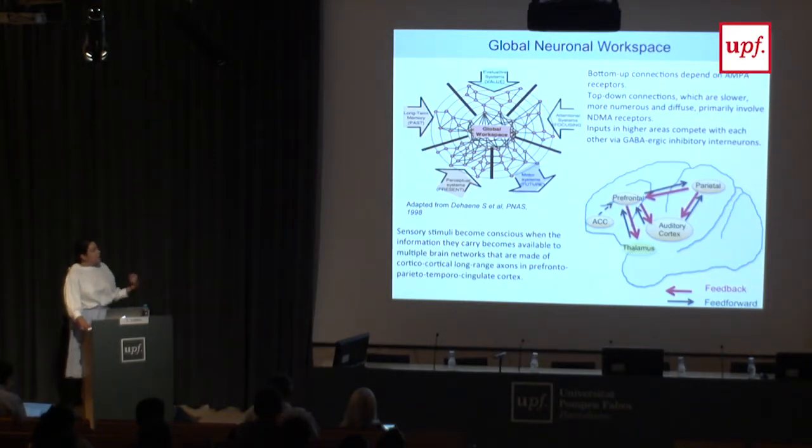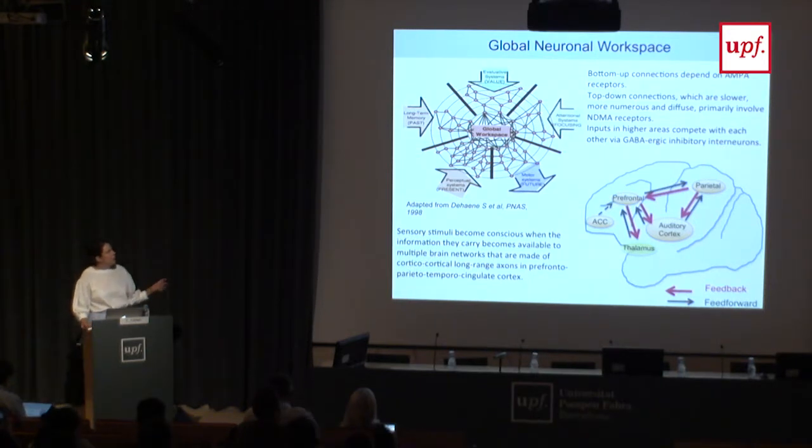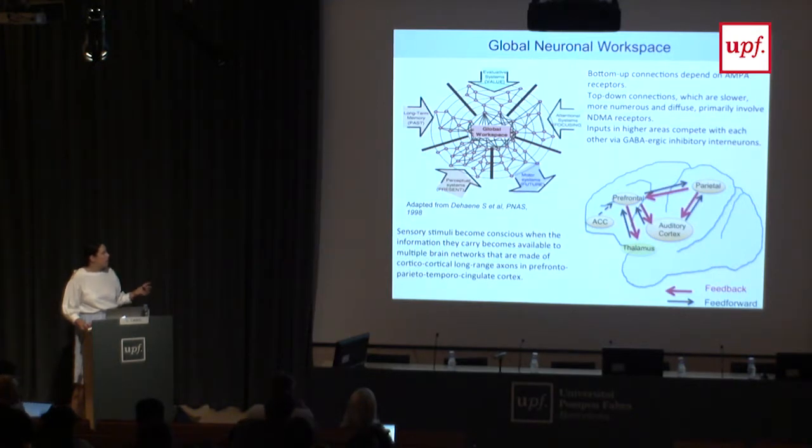And this whole network that you activate, which comprises the prefrontal cortex, the parietal cortex, the temporal cortex, is what is described as the global neuronal workspace, a theory established by Stanislas Dehaene, who is the director of the lab I work in.